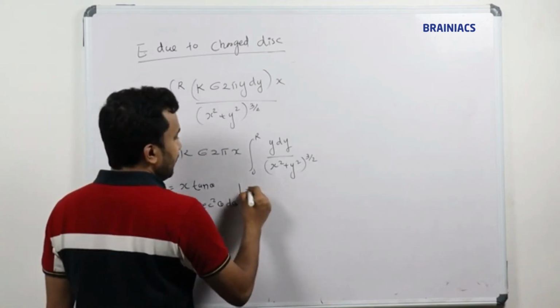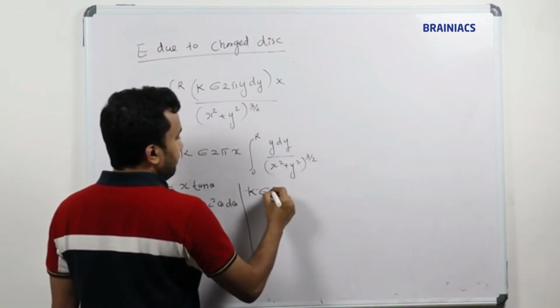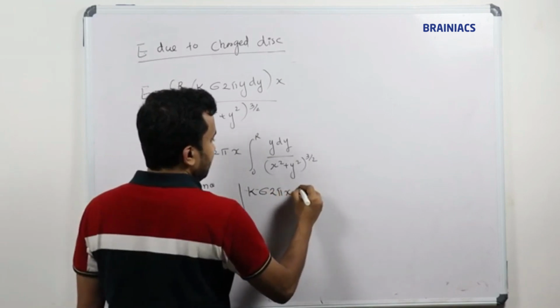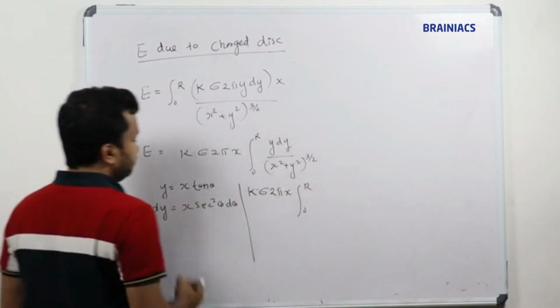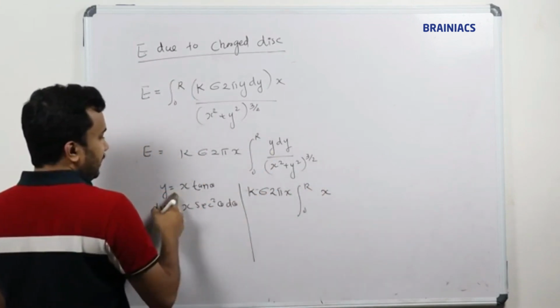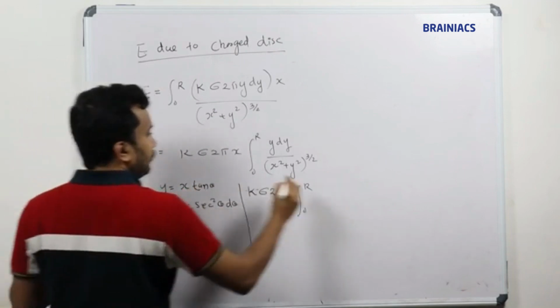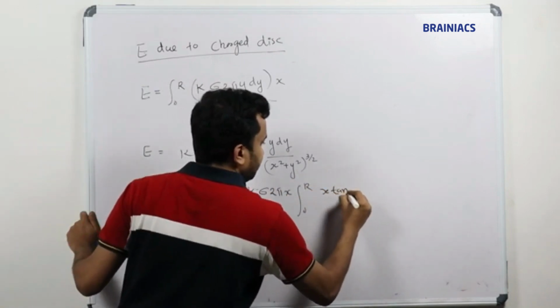So k into sigma 2 pi x, integral 0 to r, and here we have y dy to multiply. What is y? y equals x tan theta.